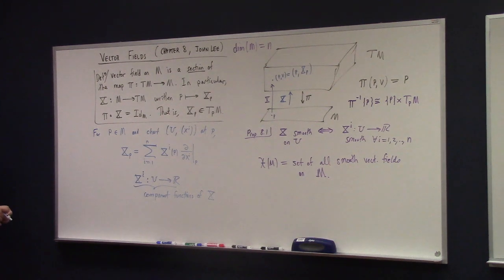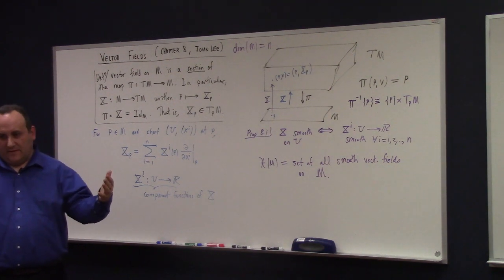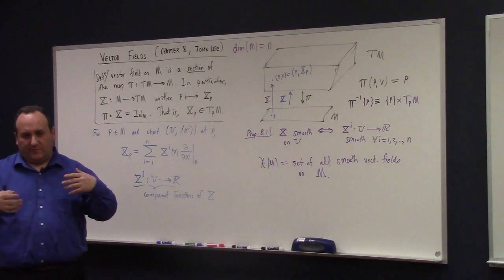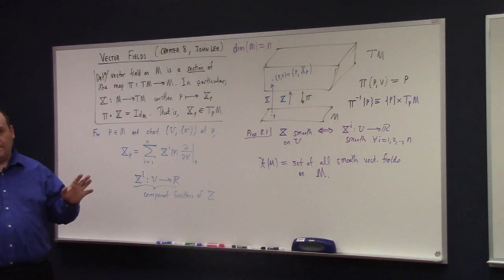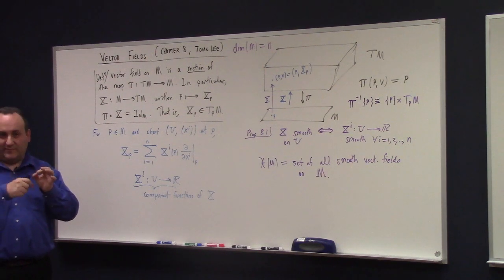And so this notion of a section is an idea we'll see again in this course as we go on. Essentially, if you want to define a field of something, here's the story that we repeat several times in this course. At a point, we define how to make a particular kind of object, like we've done with vectors.